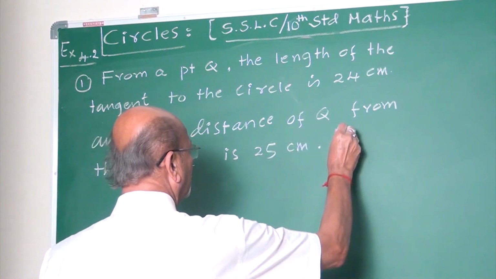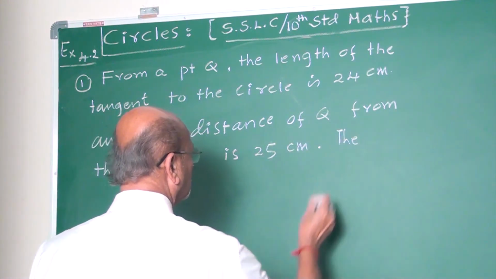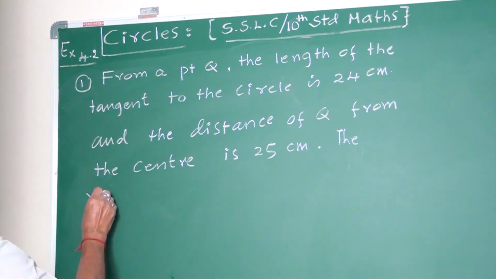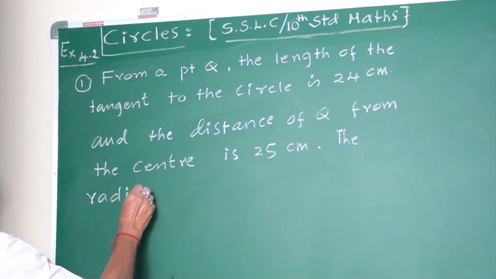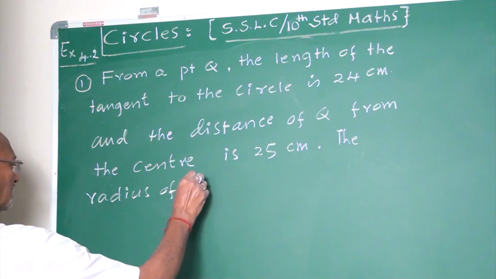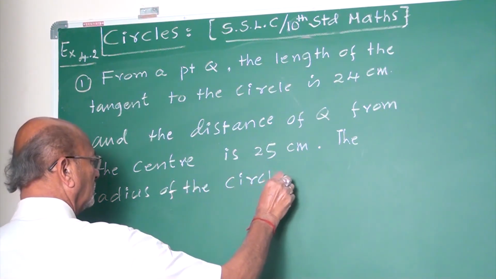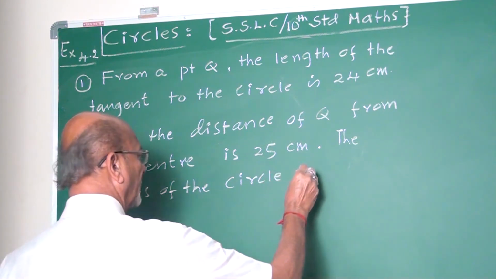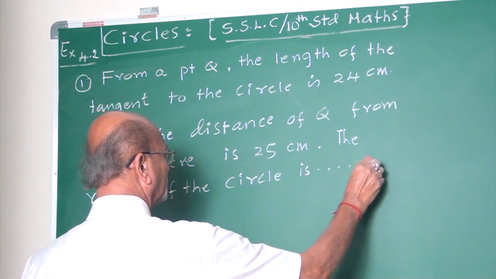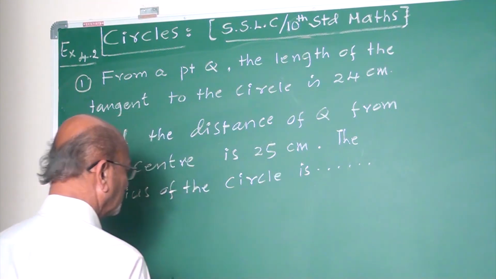Then the radius of the circle is a dash. These are the options.